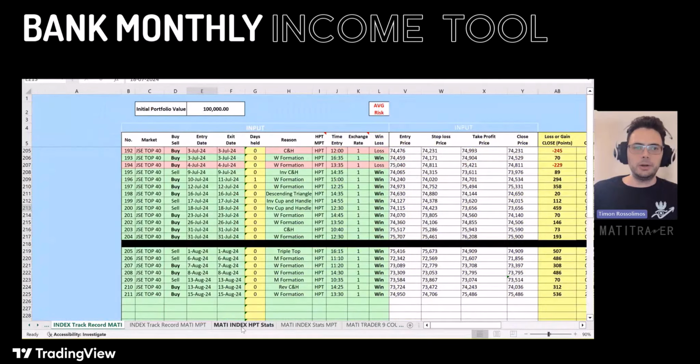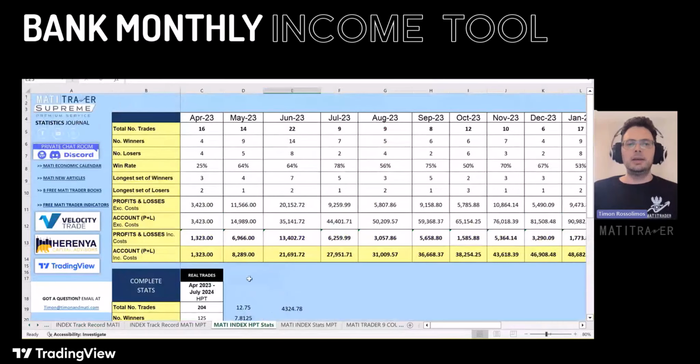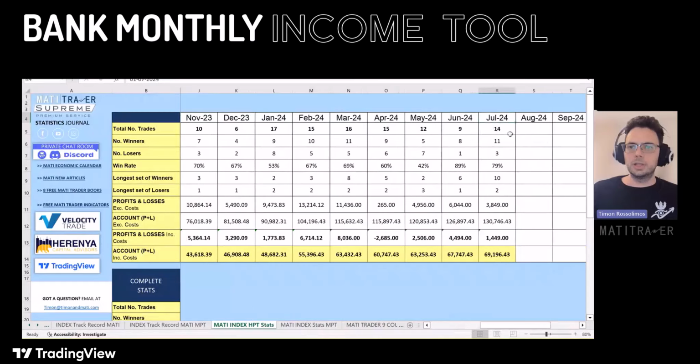If we go here, you'll see that this is the statistics journal that compartmentalizes the monthly stats and metrics over each month. We have from April 2023 up until July 2024. I have not incorporated August just yet because I like to wait for an entire month before I put those metrics into it.